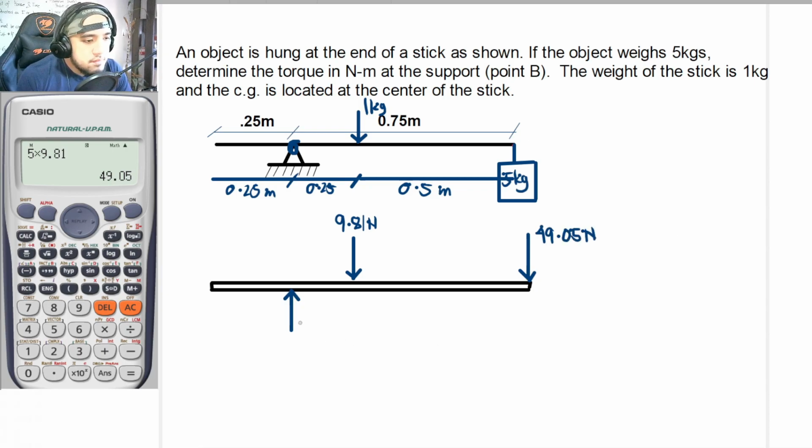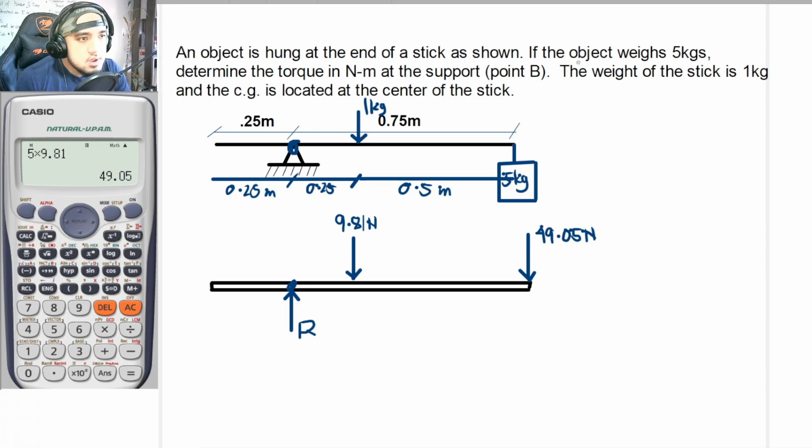As for this force F here, or let's say this is the support reaction R, we can solve for it. However, there is no sense of solving for it because if we get the moment about this location, the lever arm of this reaction R is equal to 0. So it really doesn't matter.